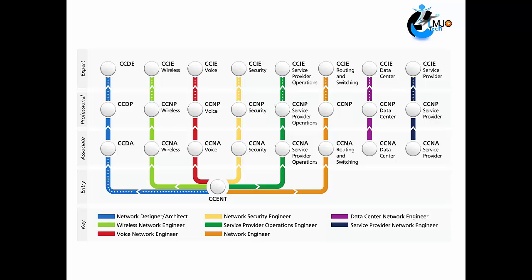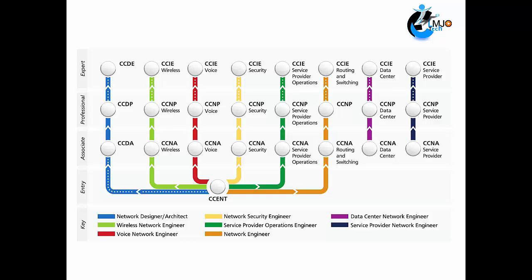As you can see, the blue color says CCDA. CCDA means Cisco Certified Design Associate. So Design Associate, Design Professional, and Design Expert are different levels of certification on designing. Designing means how you are going to design a network. After completing the certification, you will have all the knowledge of how to design a network.